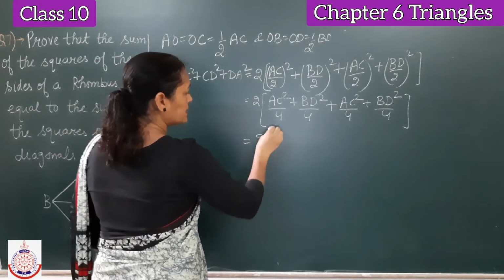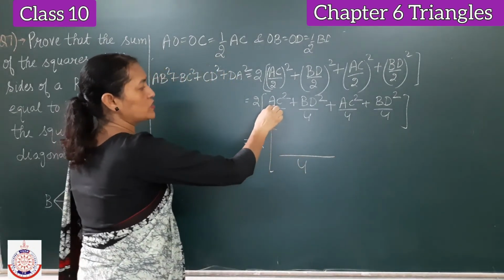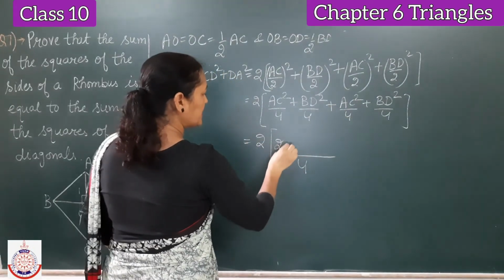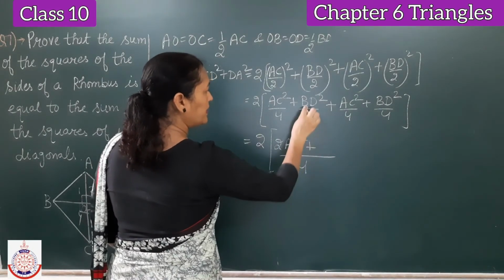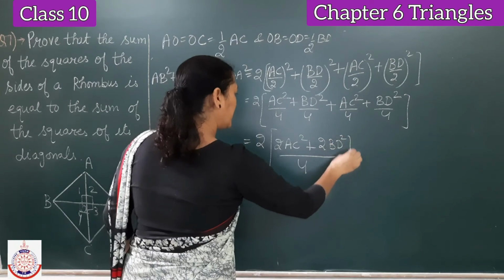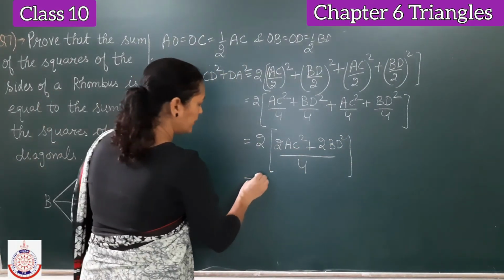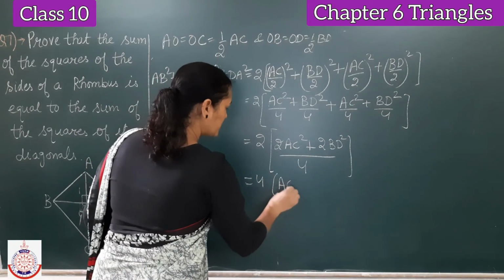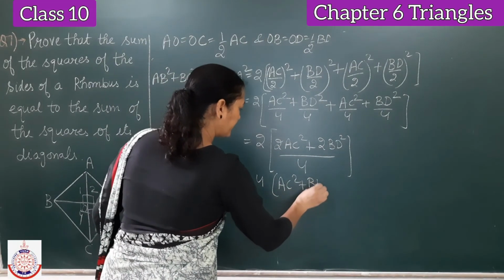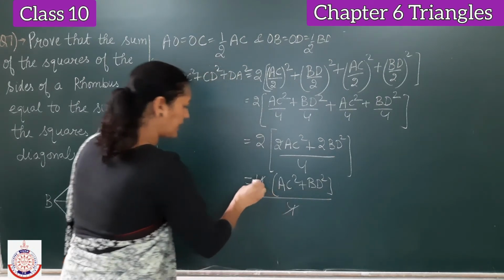So 2 times, and LCM is 4: AC square plus AC square, twice AC square, BD square and BD square, twice BD square. So 2 taken common, we will be having 4 here, 4 times AC square plus BD square. And here also we are having 4, so 4 and 4 got cancelled.